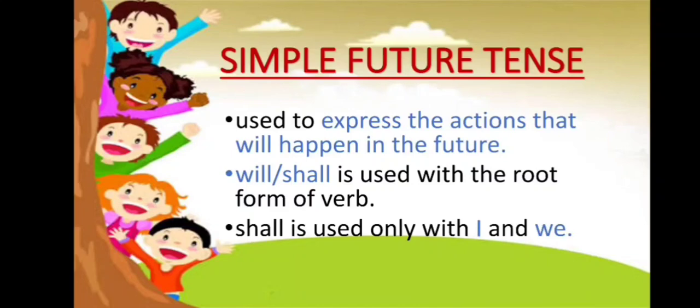And we use will or shall with the first form of verb. Now, you need to remember that shall can only be used with I and we, whereas will can be used with any noun and pronoun.